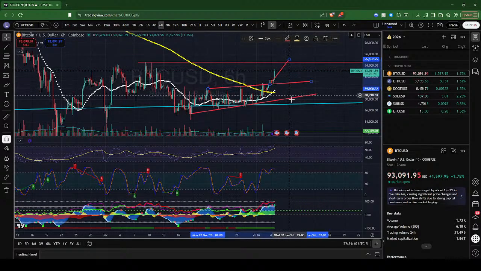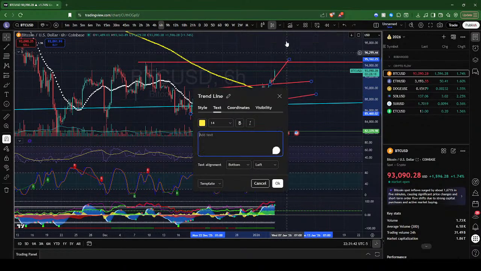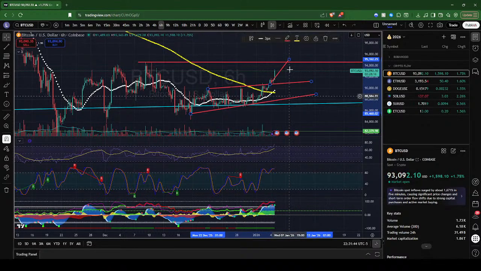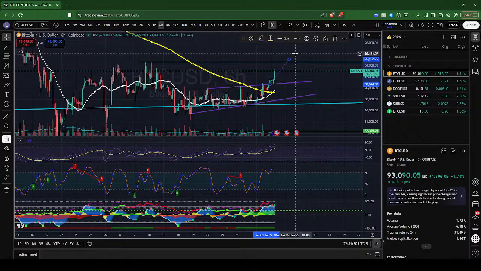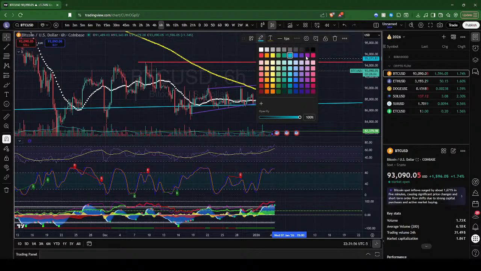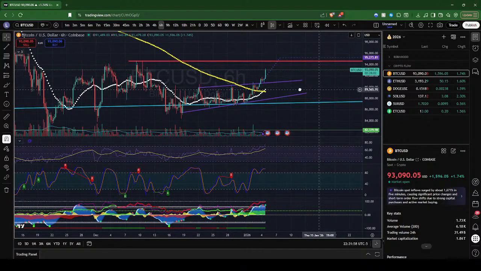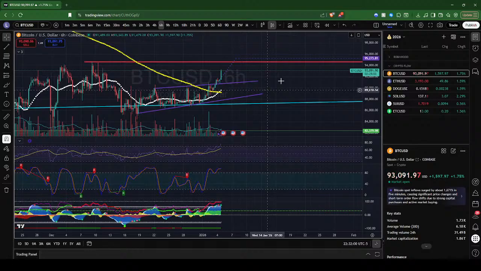Let's change these colors real quick. And we'll change this to a dotted line. Put the measured move right there. Perfect. So yes, we have a measured move of about 95,000 here, 95,200.